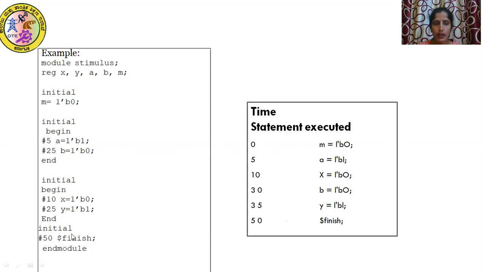And here the example ends with the keyword endmodule. So this is how the statements within the initial block will be executed with respect to the delay associated with the statements. If no delay is associated with the statements, then all the statements will be executed at 0th instant of time.